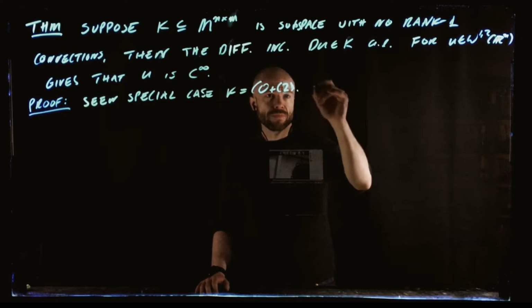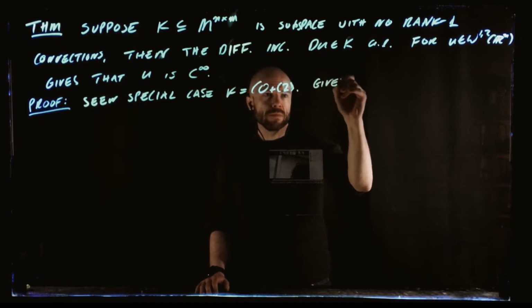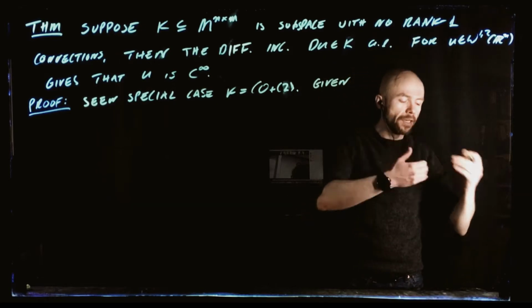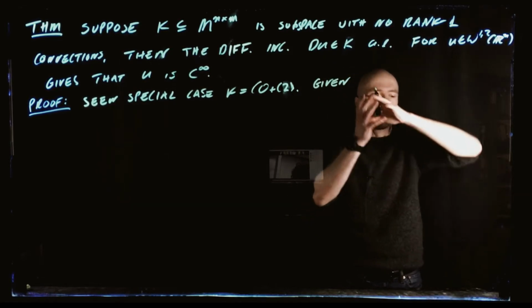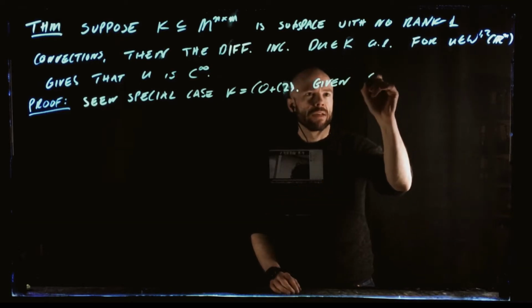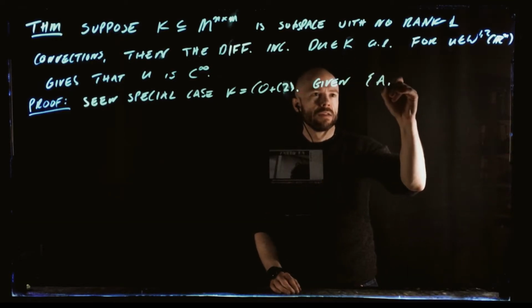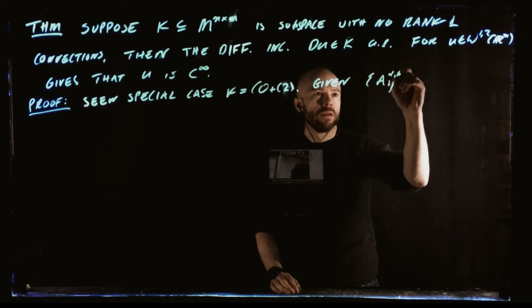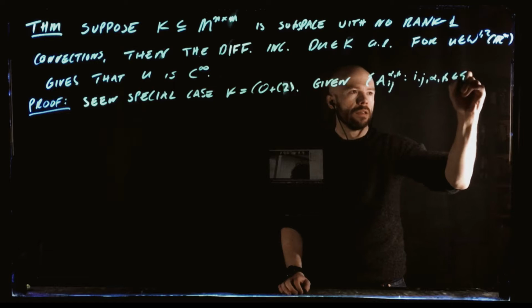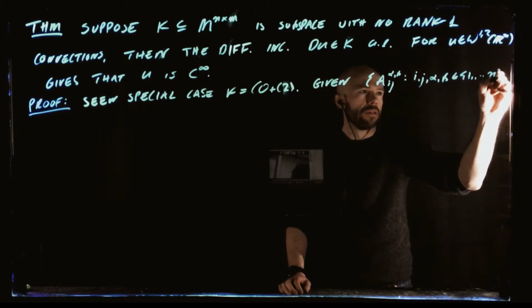So, given, this is actually going to be the coordinates of a mapping from n by n to n by n. But let's just write them like this. We're going to write a_{ij}^{αβ} for i, j, α, β from 1 up to n.